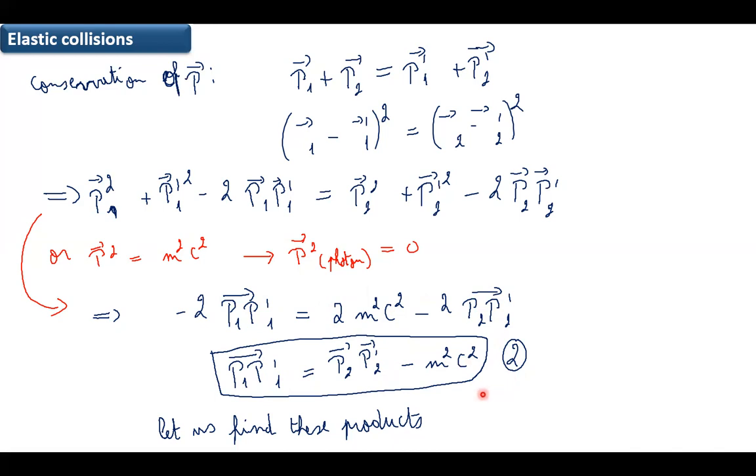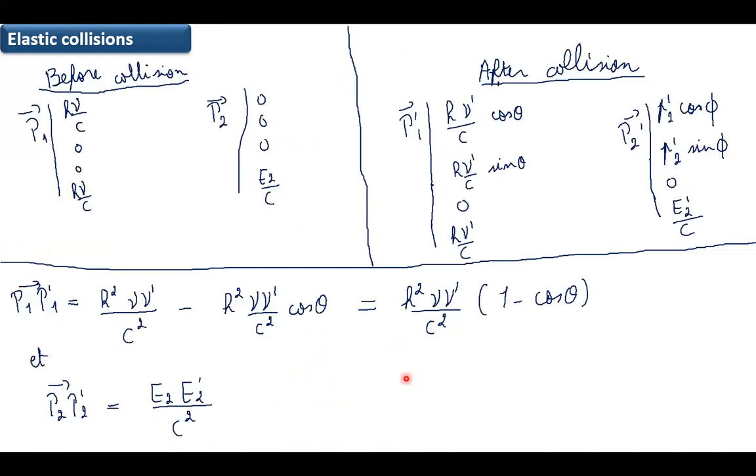We have in this equation two unknowns, p1 p prime 1 and p2 p prime 2, two scalar products. So let us find these two scalar products for 1, which is the photon, and 2, which is the electron. Okay, so we put in front of us the four-vectors before and after collision.